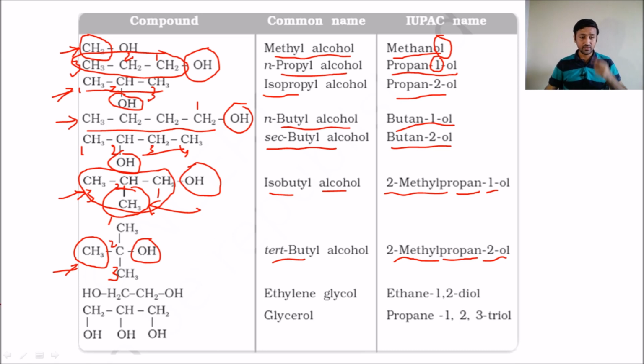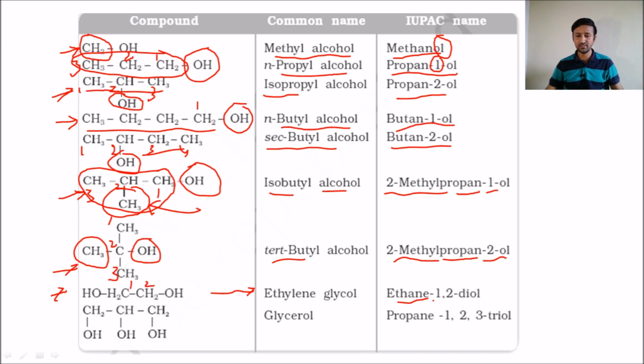Next one now. The next example given is a dihydric alcohol, CH2OH, CH2OH. So it contains 2 hydroxy groups, right? So we can take the common name as ethylene glycol, and the IUPAC name for this is, as you can take 2 carbon atoms, so it should be ethane, and OH attached to first and second carbon, right?